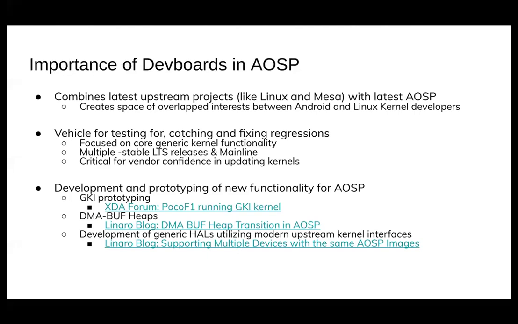We picked up the patches and started converting our drivers, making them more GKI compliant. And I think we were very early adopters of running a GKI kernel on a production device, on Poco F1 at that time. We already had it working on DB845C, so that helped. But running it on an actual production device was something else. We did not expect that to work that easily.